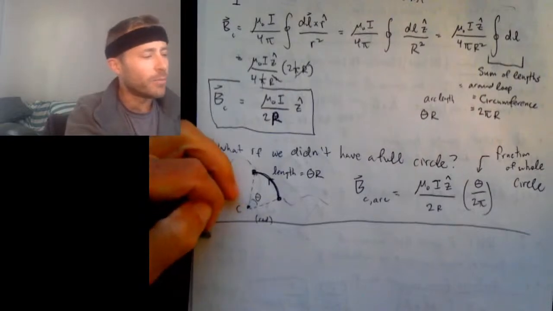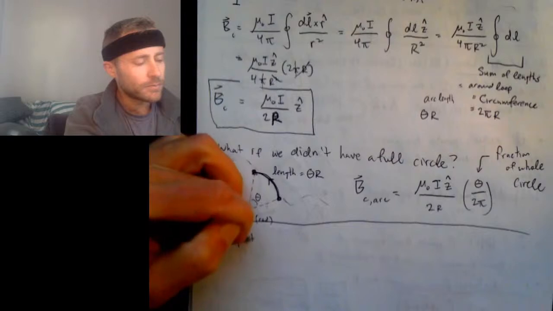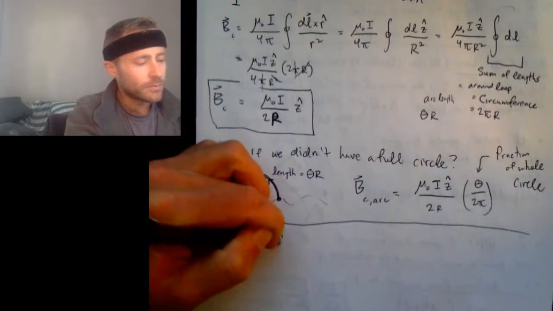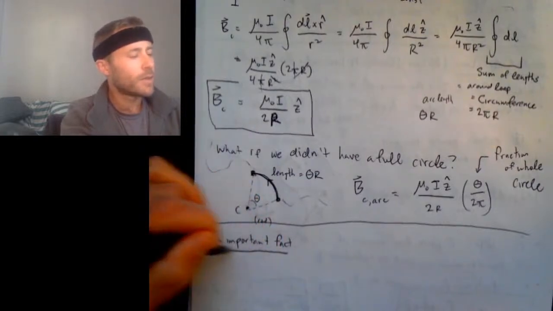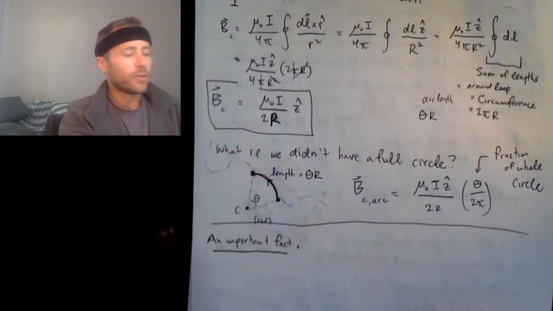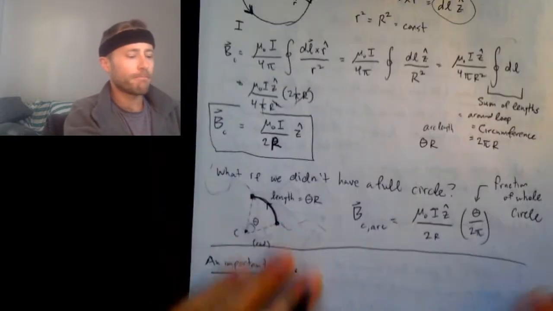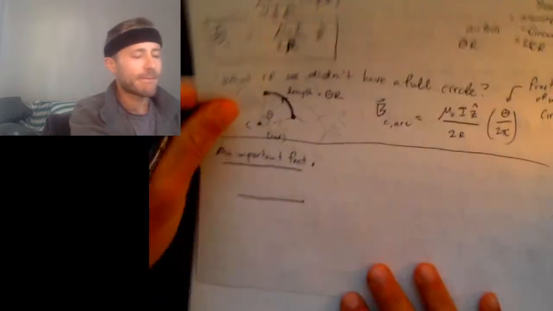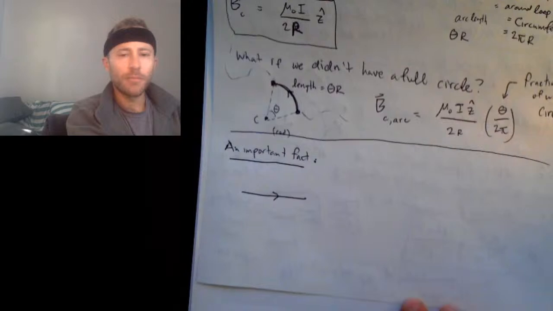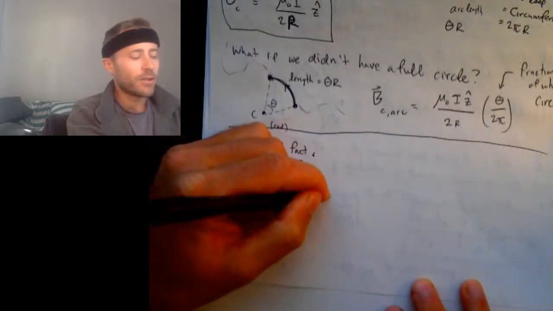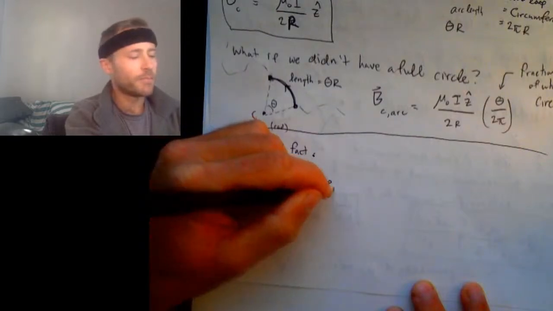So there's another important fact. Suppose I have a straight segment of wire, and I want to calculate the magnetic field right here, which I'll call P1.